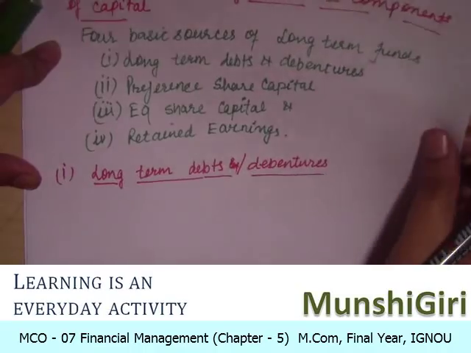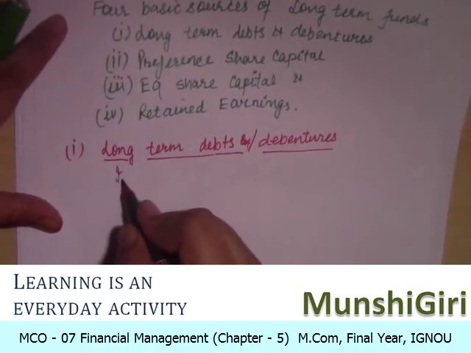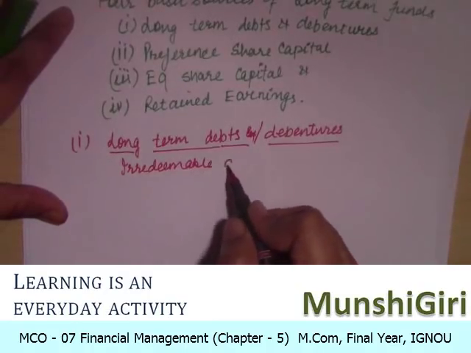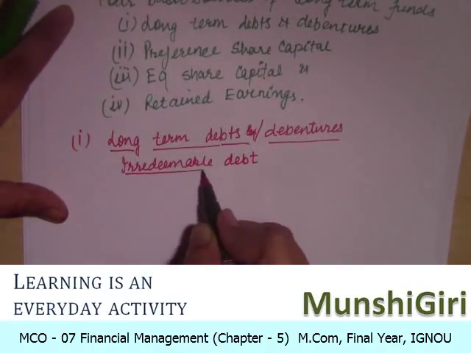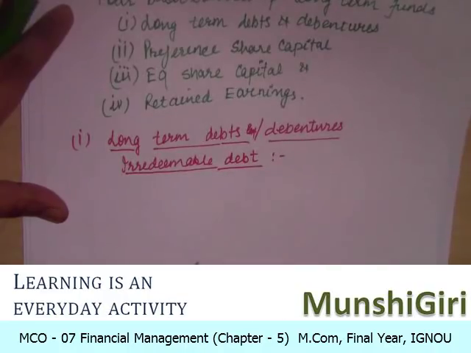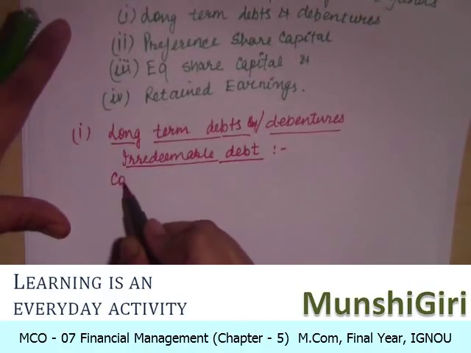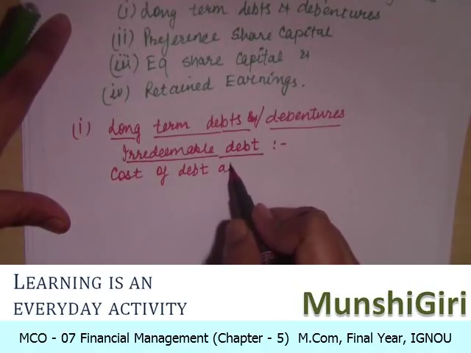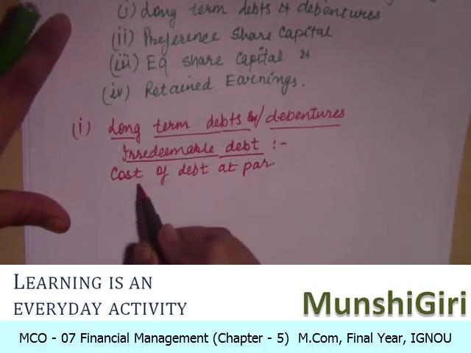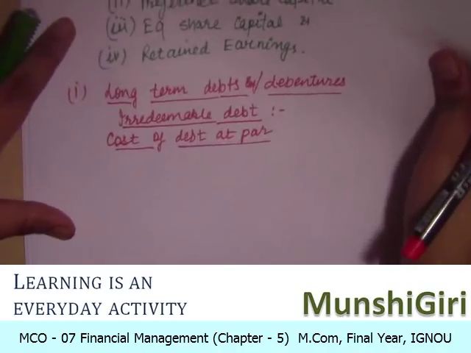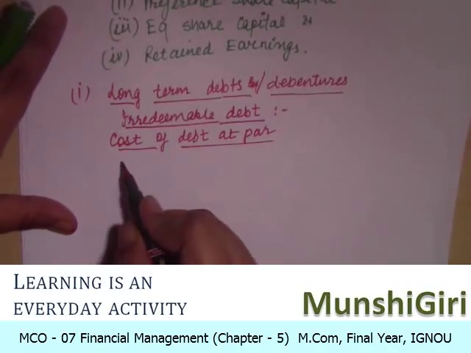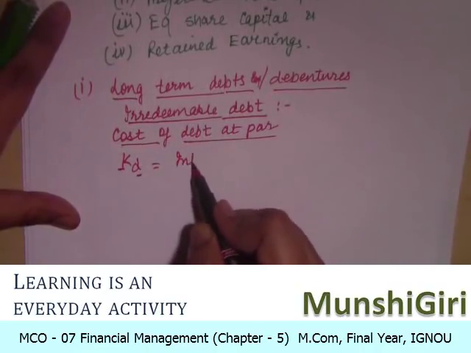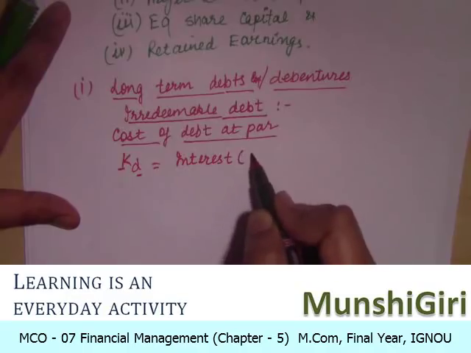First of all, in case of an irredeemable debt, cost of debt at par can be calculated as, we mention it as KD, that is cost of debt is equal to interest (1 minus tax).